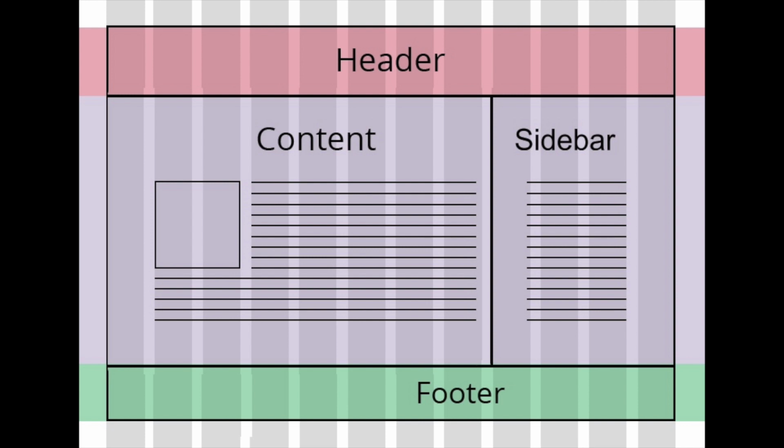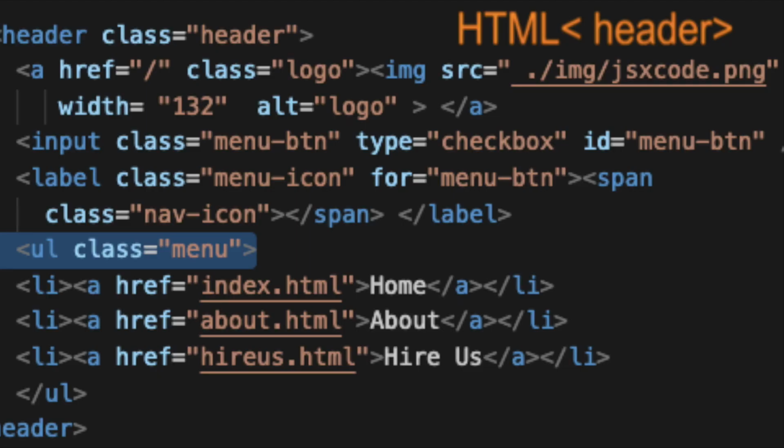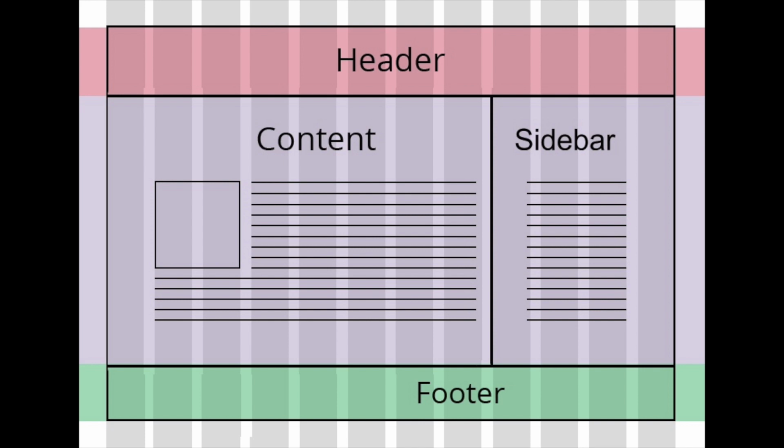Let's flesh out the header in HTML. The header tag also has these classes: header and menu. We already styled the header and the menu, and now we are going to style the rest of the website contents, like the container, sidebar, and the footer.